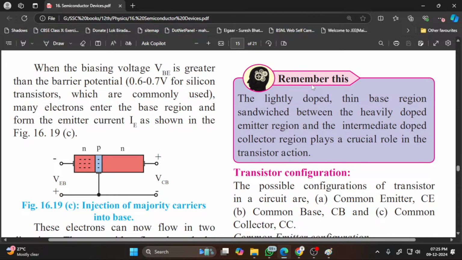They can flow through the base circuit and constitute the base current, and they can also flow through the collector circuit and contribute towards the collector current. Base current is very small, 5%, because the base is very thin and also lightly doped. Base of a transistor plays a crucial role in its action. Electrons injected from the emitter into the base diffuse into the collector region.